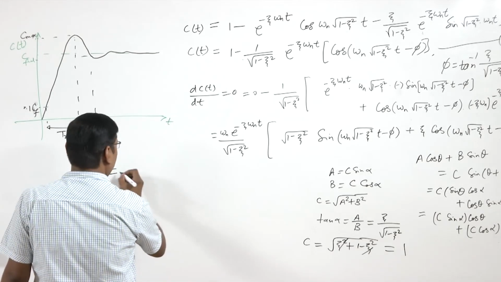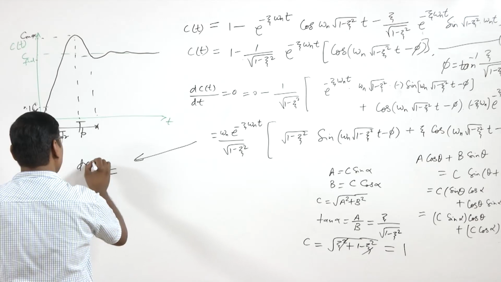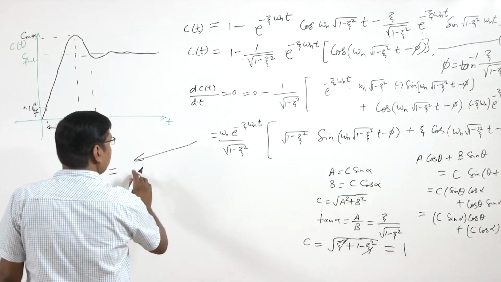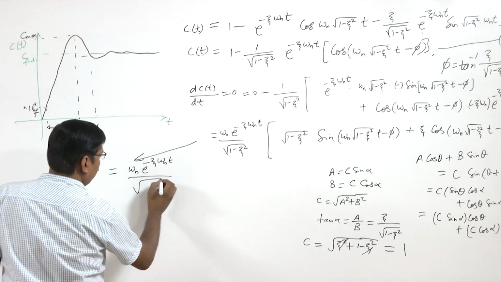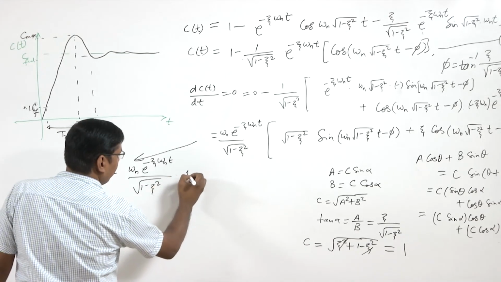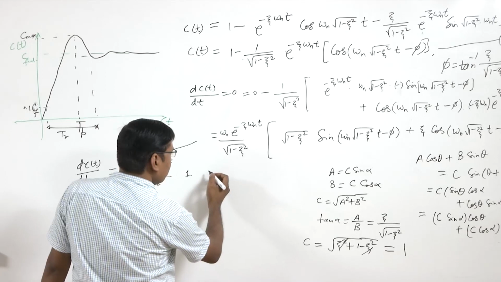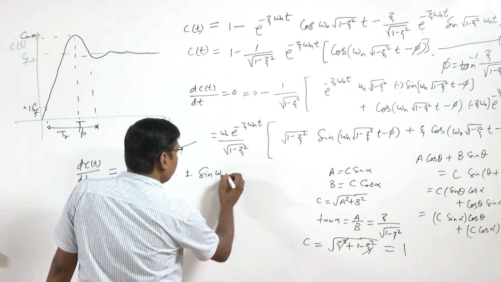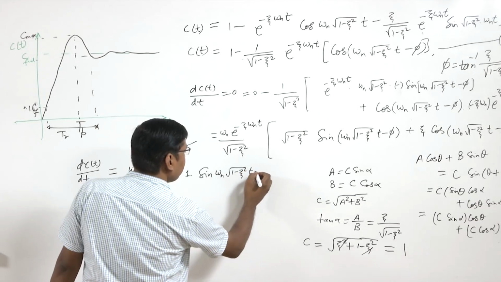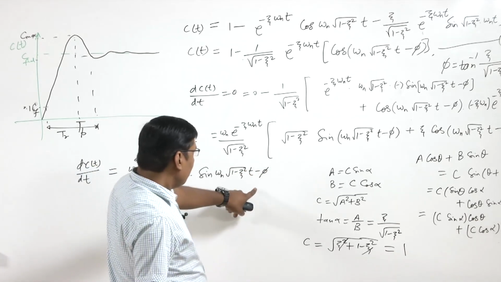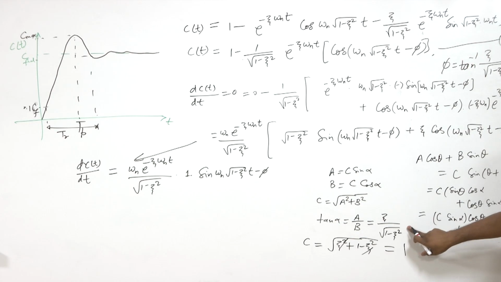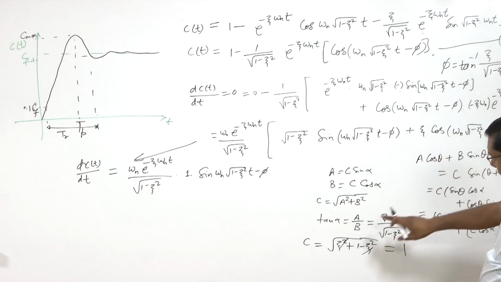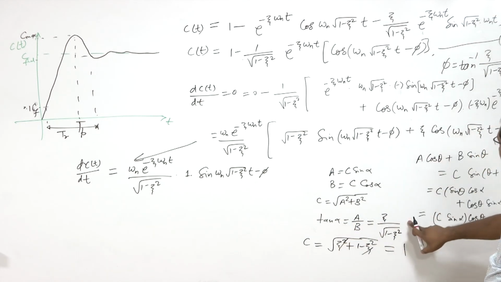So we can write this dc(t)/dt equal to omega n e power minus zeta omega n t upon root 1 minus zeta square, and here 1 into sine omega n root 1 minus zeta square t minus phi, and we know that phi is tan inverse zeta by root 1 minus zeta square, and alpha is also tan inverse zeta by root 1 minus zeta square.